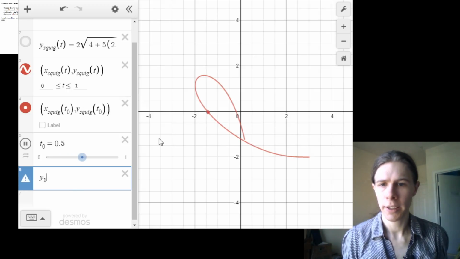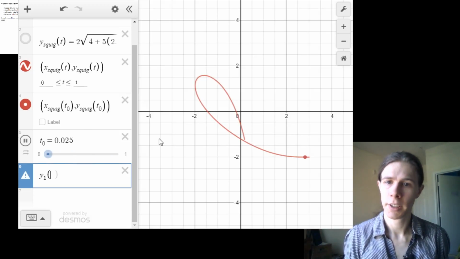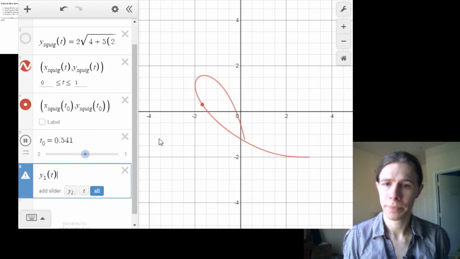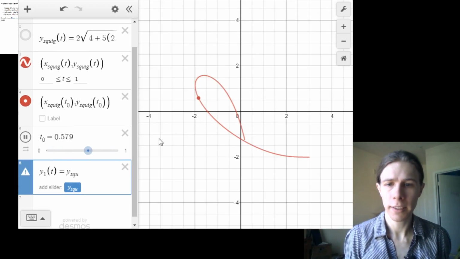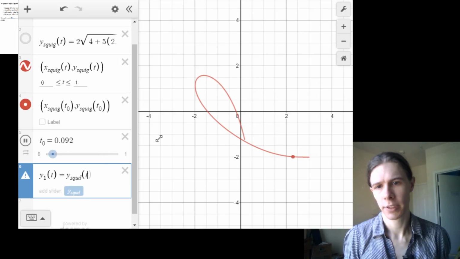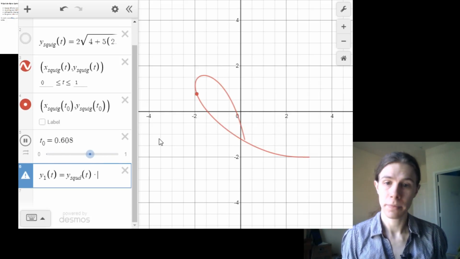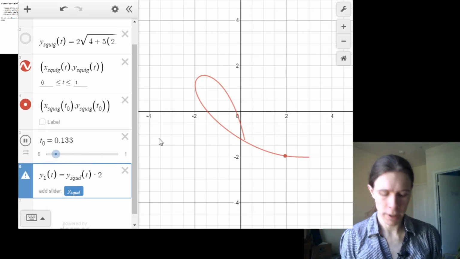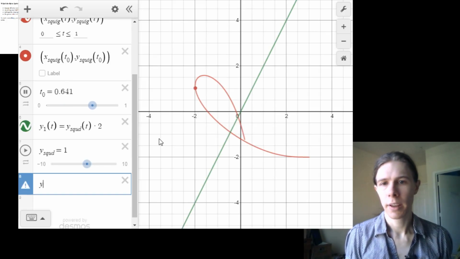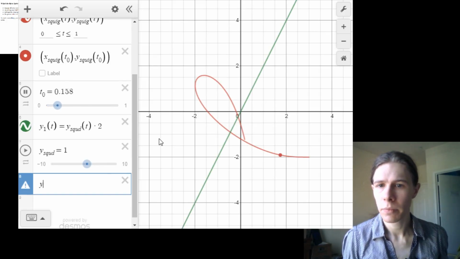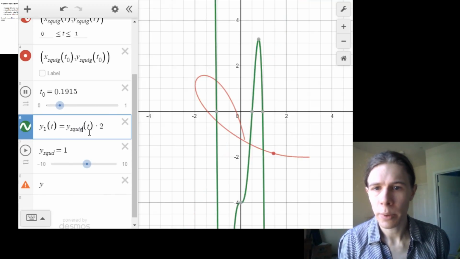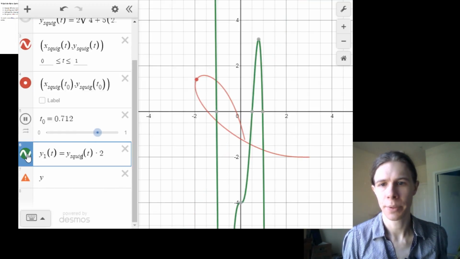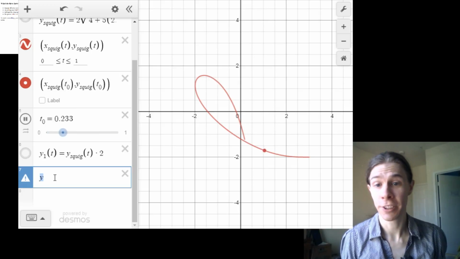So just y, we're going to double. Y1 of t is going to be whatever the squiggly y was, times 2 to just make it bigger. There we go. Don't worry about which weird shape that is.